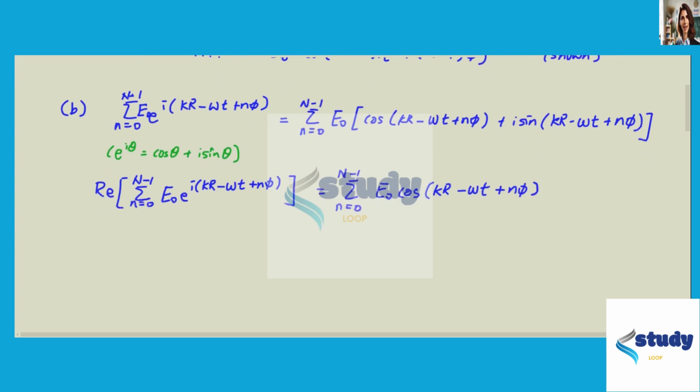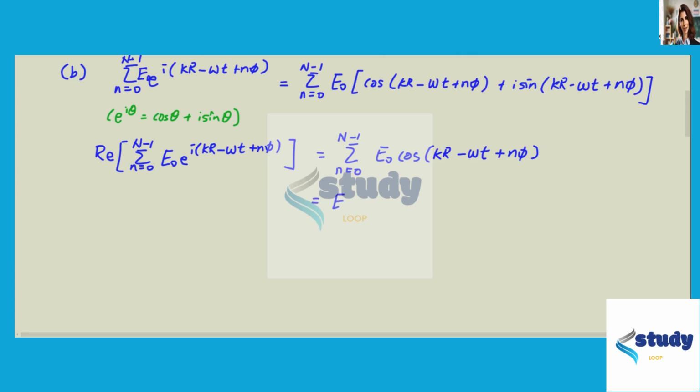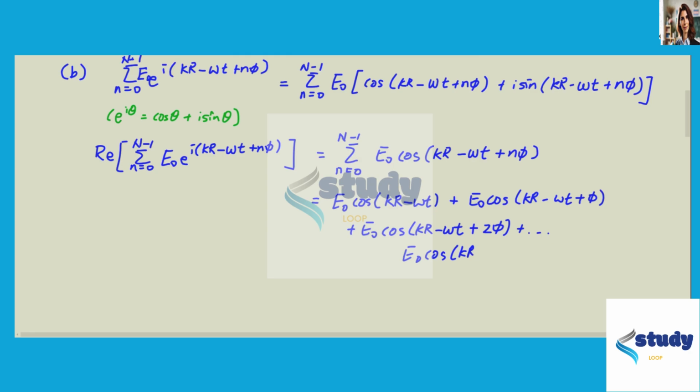If you expand the summation, you start from n equals 0, then n equals 1, n equals 2, and you continue on until the last term, and you realize that this is just EP of t.